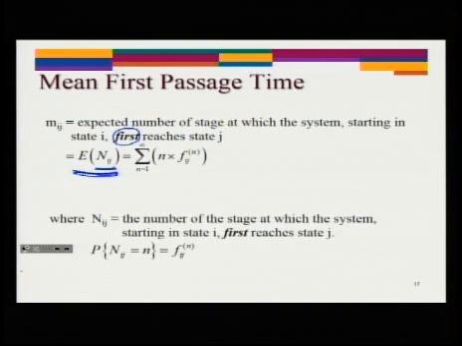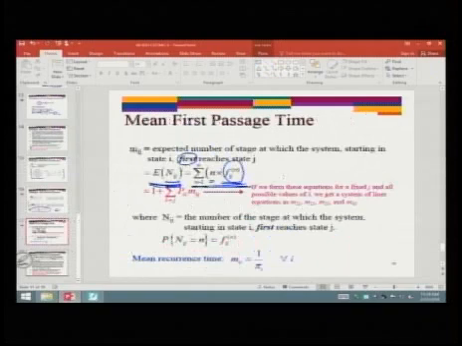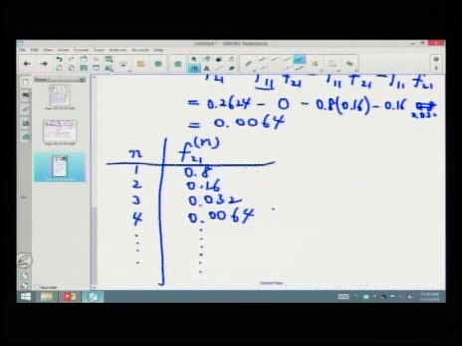So in the elevator example, we can compute this, because we just computed these values. What you need is just to multiply by n. Let's go back to what we did.